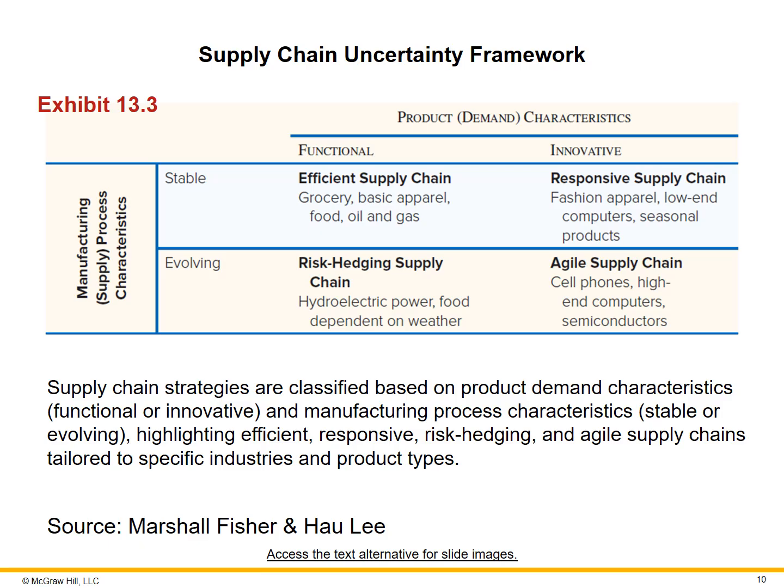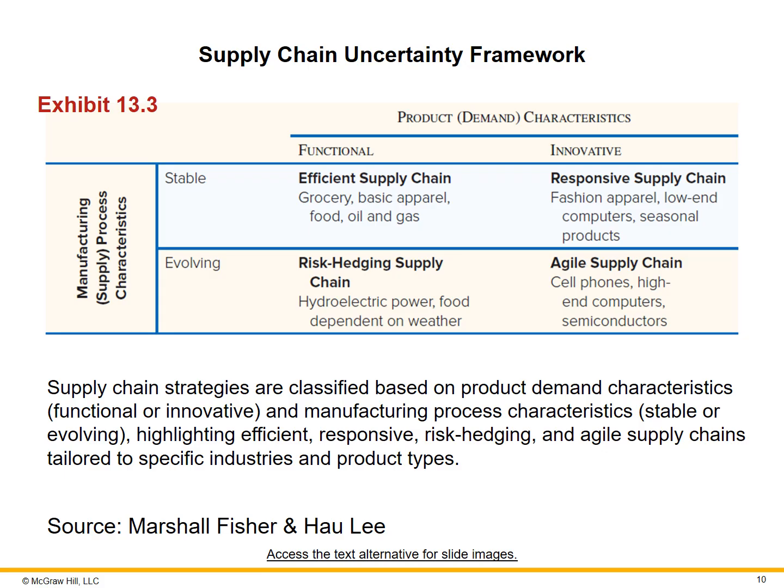So here we take a look at the uncertainty framework of supply chain. Fisher and Lee identified two characteristics of supply chain uncertainty: by the product, functional versus innovative, and by manufacturing, stable versus evolving.